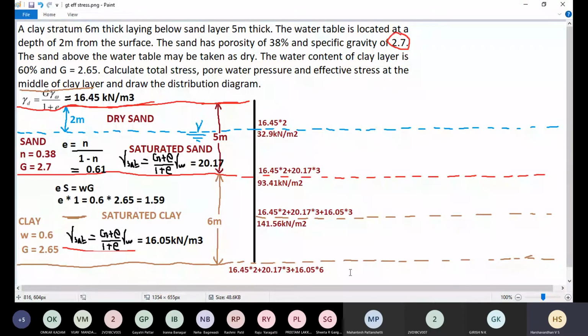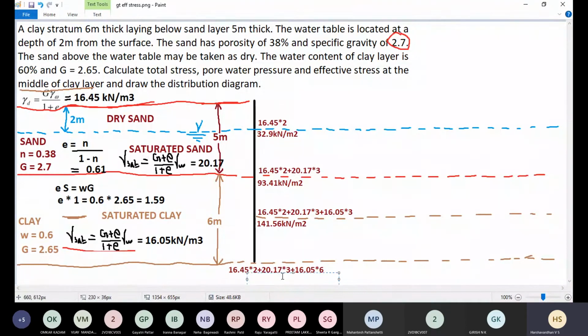What is the total pressure at the bottom of clay layer? 189.71.